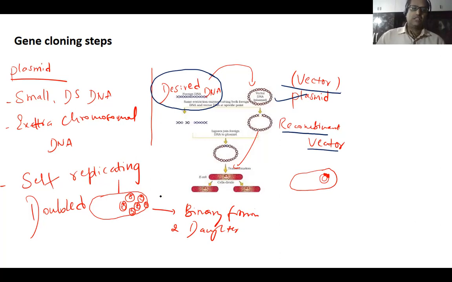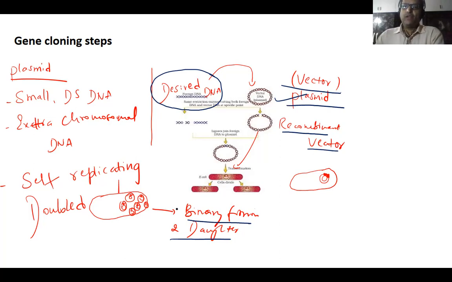Generally, we select a prokaryotic host because of its faster multiplication, by binary fission. Two daughter cells will be produced, so the doubling time is very, very less. Hence we go for this. But here, students, you have to understand that the vector we have selected is called a plasmid. Generally, we select plasmid only.